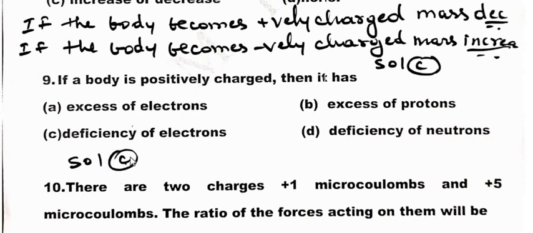So the solution should not be C, it should be B. If a body is positively charged, then it has excess of protons.